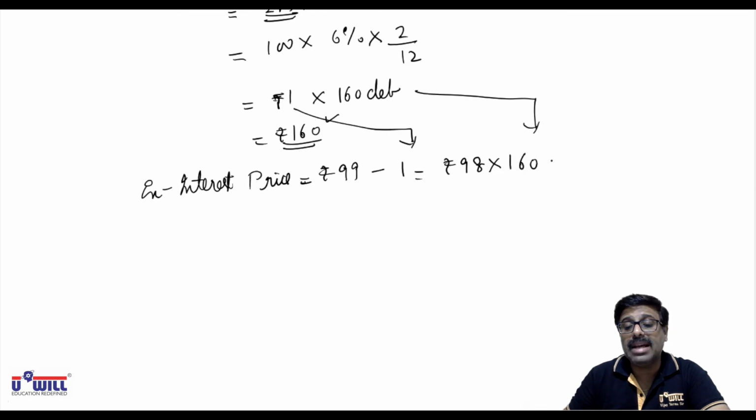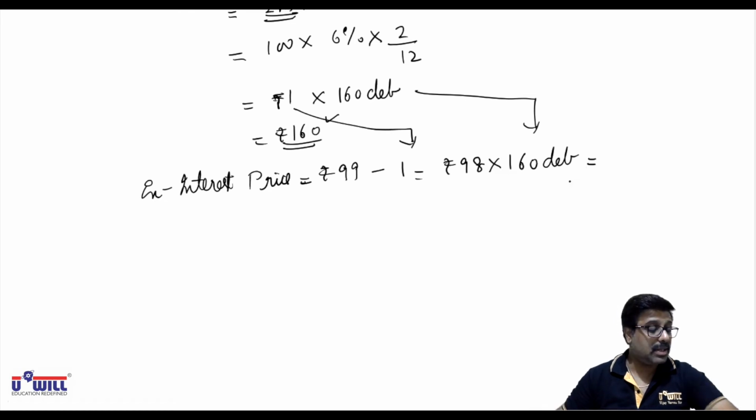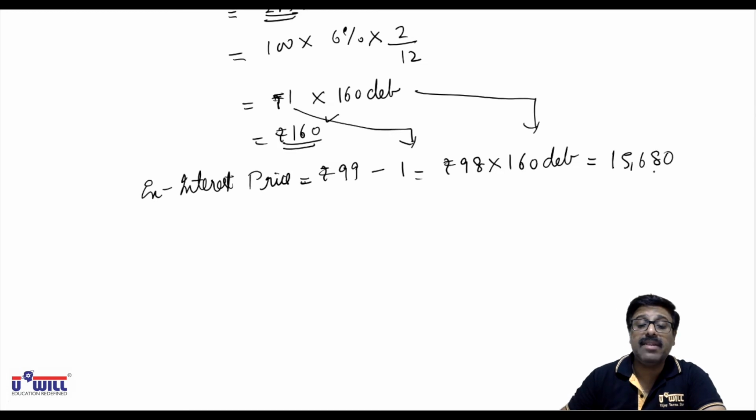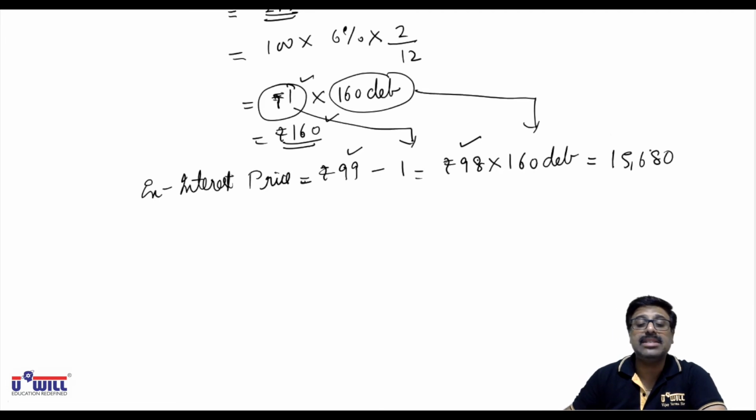So what would be the ex-interest price overall? 98 rupees into 160 debentures, that is 15,680. I repeat it again. We are given cum interest price 99. First we minus the interest of 1 rupee. So ex-interest would be 98 into 160 debentures sold. So 15,680 is ex-interest price. Now since we are selling it, brokerage we will minus.